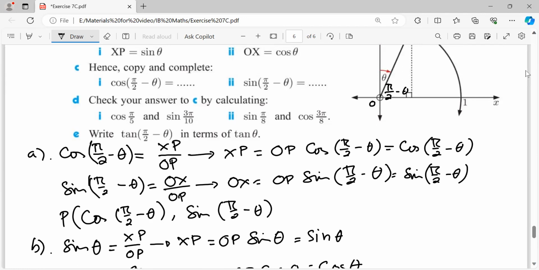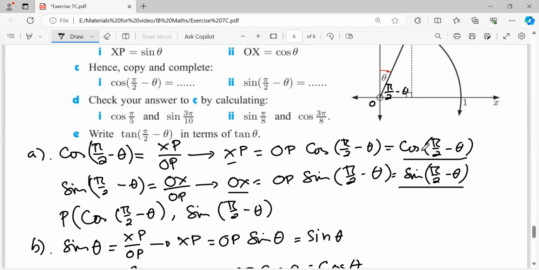Hence, copy and complete. Cosine of pi over 2 minus theta equals XP, so XP equals cosine of pi over 2 minus theta, and OX equals sine of pi over 2 minus theta.